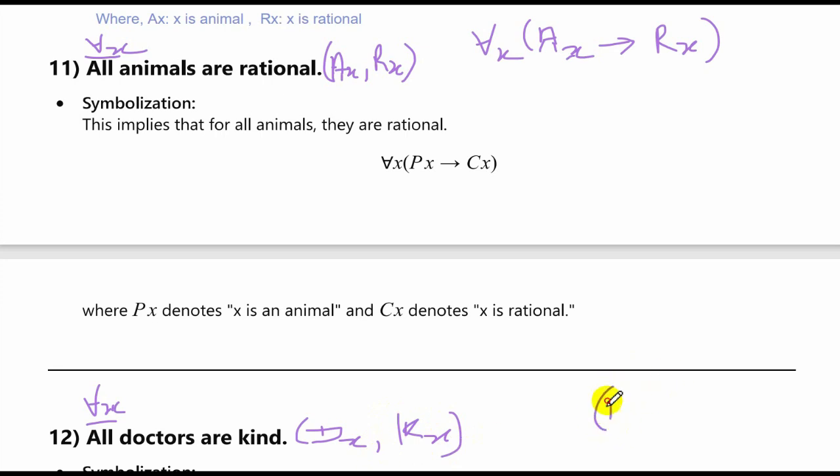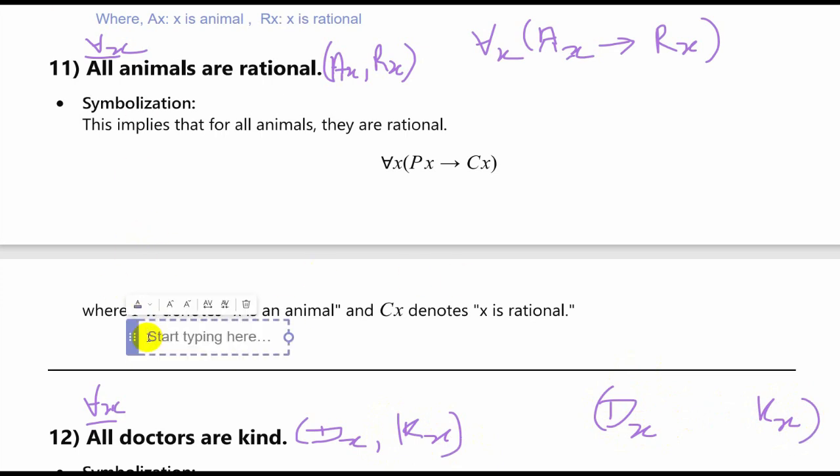So we write again Dx and Kx, where Dx: x is a doctor, and Kx: x is kind. x are doctors, x are kind.